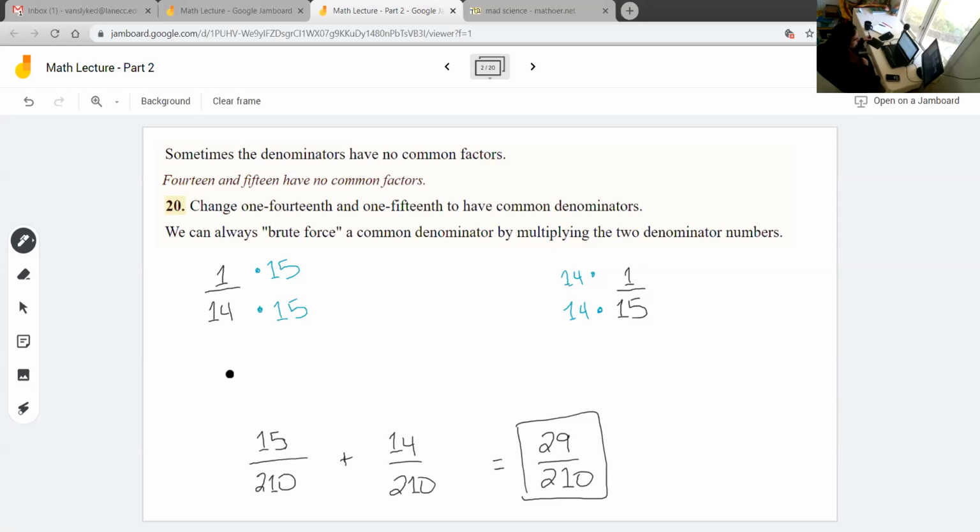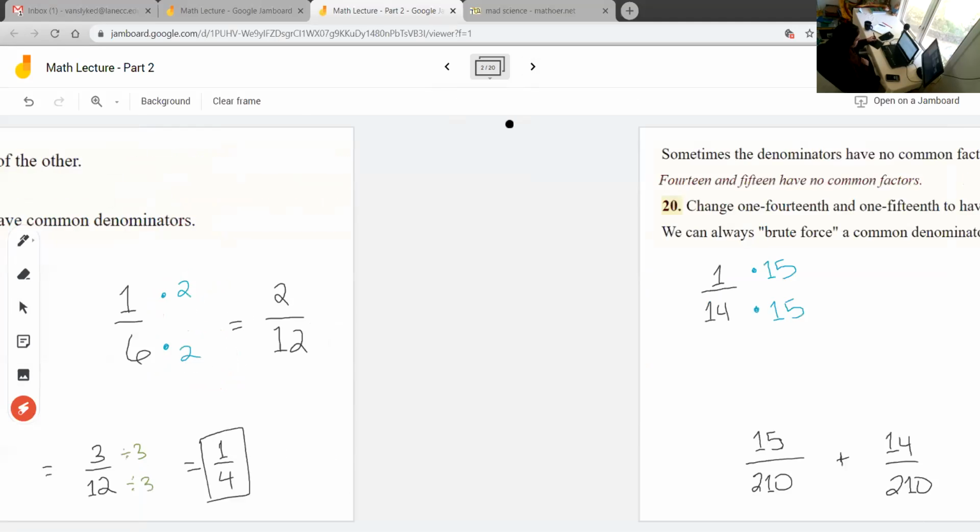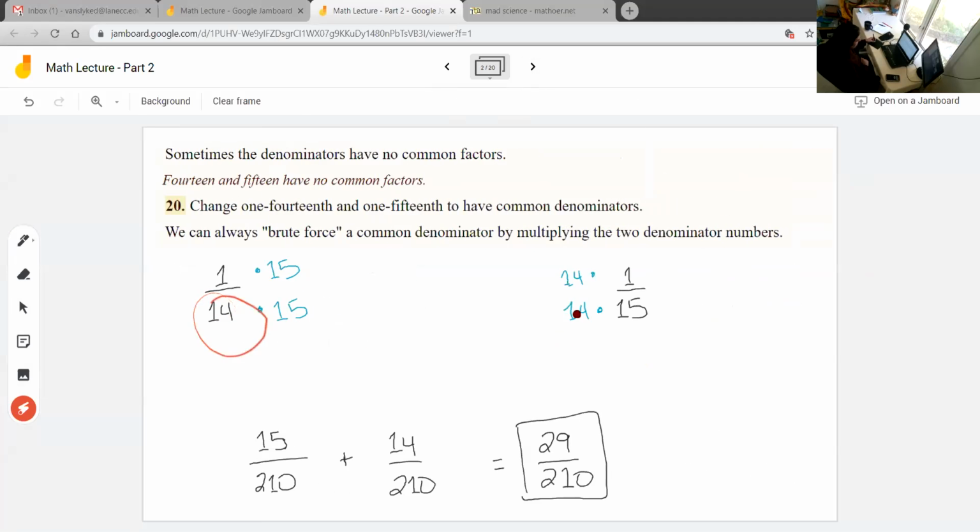Everyone's quiet. The people who I can see are nodding their heads. They're okay. Okay, so 2 situations out of 3 so far. First situation, this number was perfect. We didn't have to change the 12. We can just make this one into a 12. Second situation, I look at them and I say there's nothing in common at all. I'm just going to multiply them by each other.